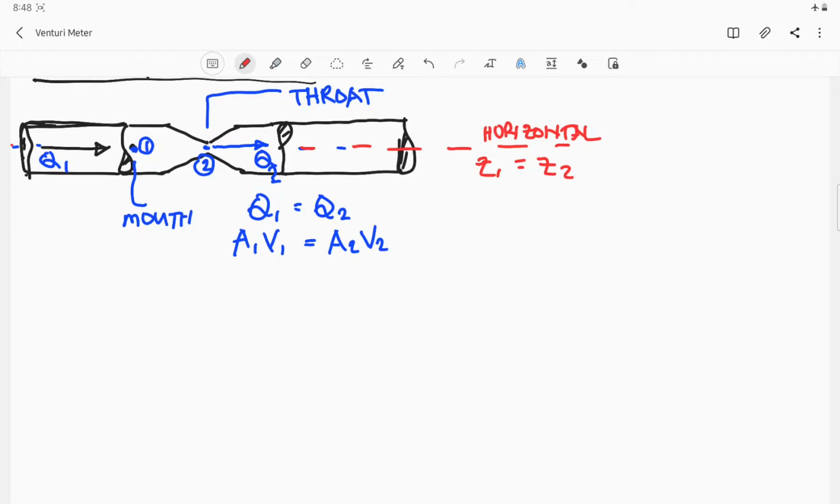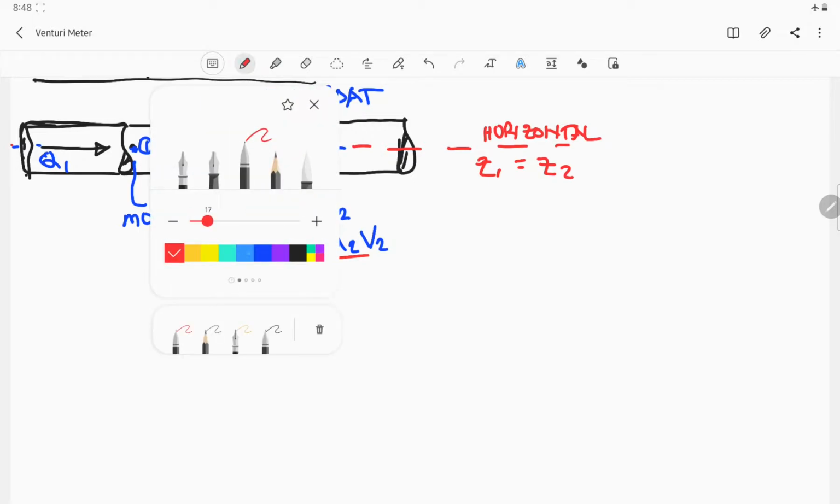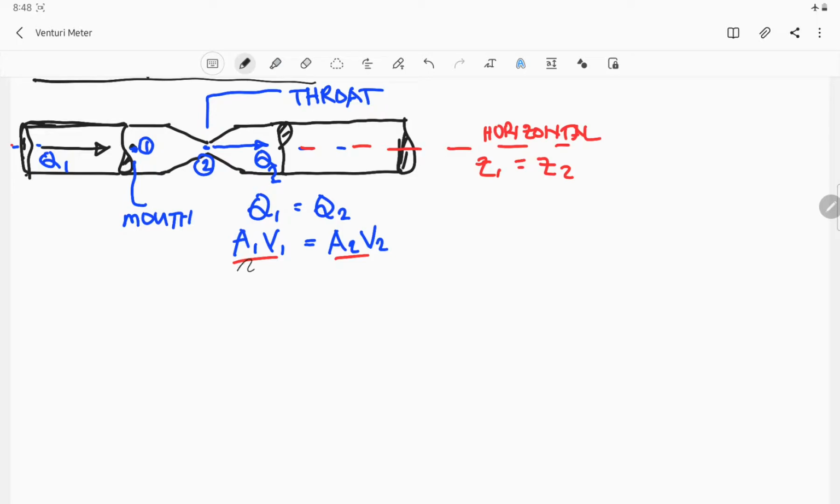As we know, based on this equation, area is inversely proportional to velocity.